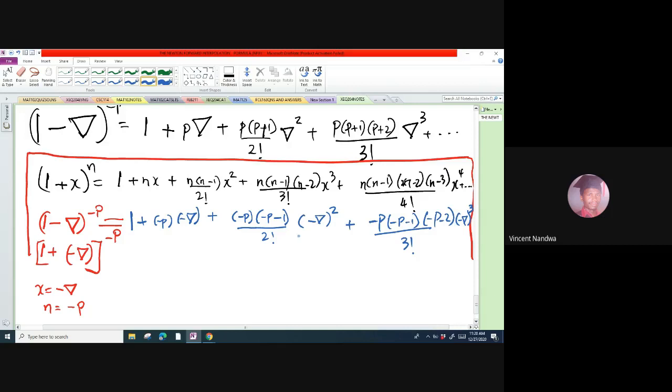So this is just a few terms to explain them. So you see clearly that 1 minus is plus, so we'll have plus p backward.